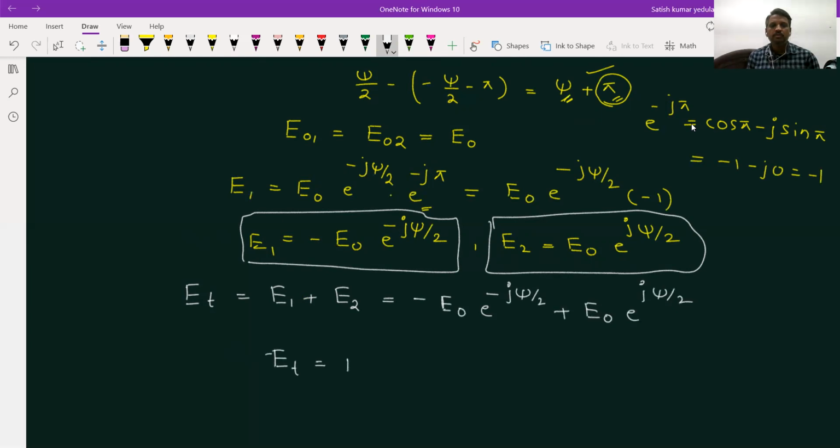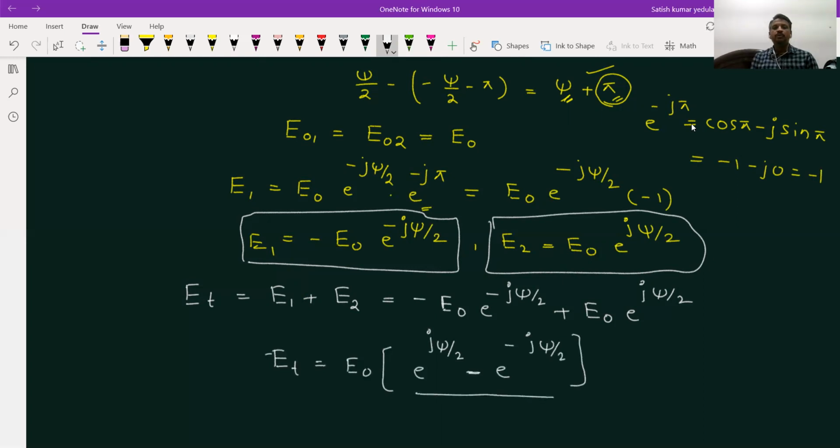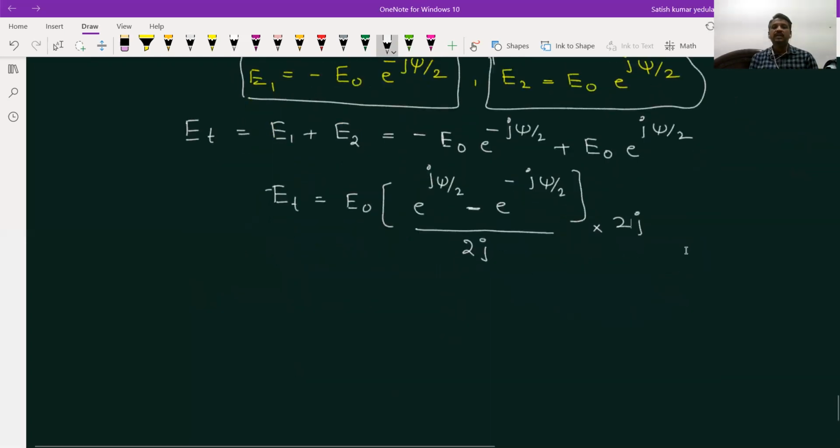Et will be equal to E naught into e power j psi by 2 minus e power minus j psi by 2. But what is missing here is, because it is minus, you need to arrange 2j. Instead of 2, you have to arrange 2j at both the numerator and denominator. Then it will become sine psi by 2.